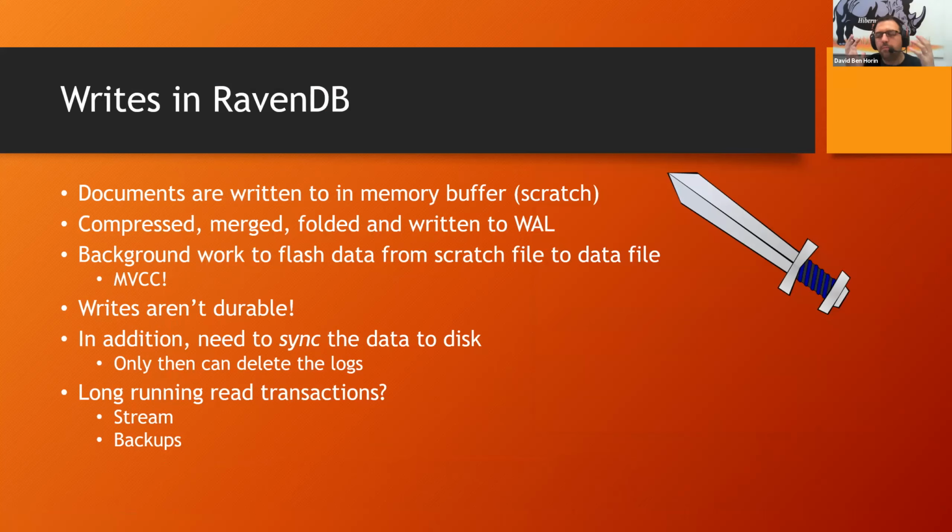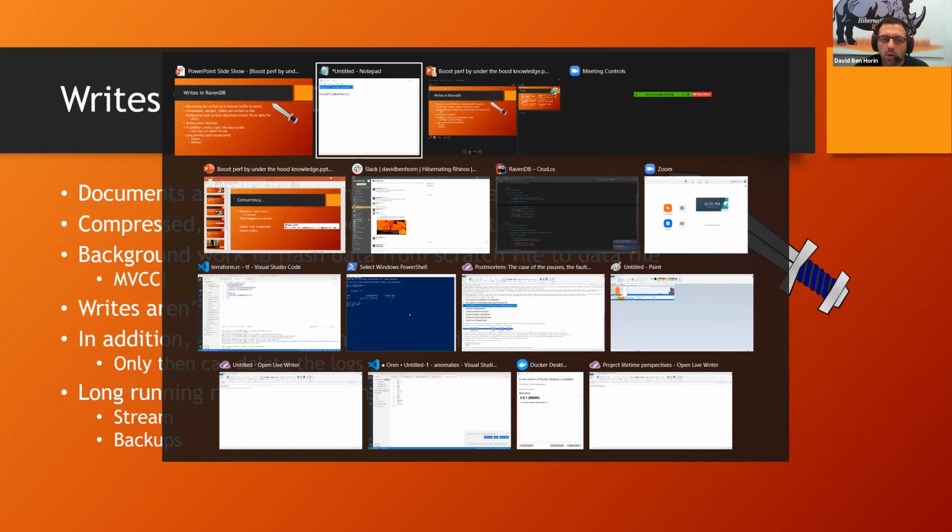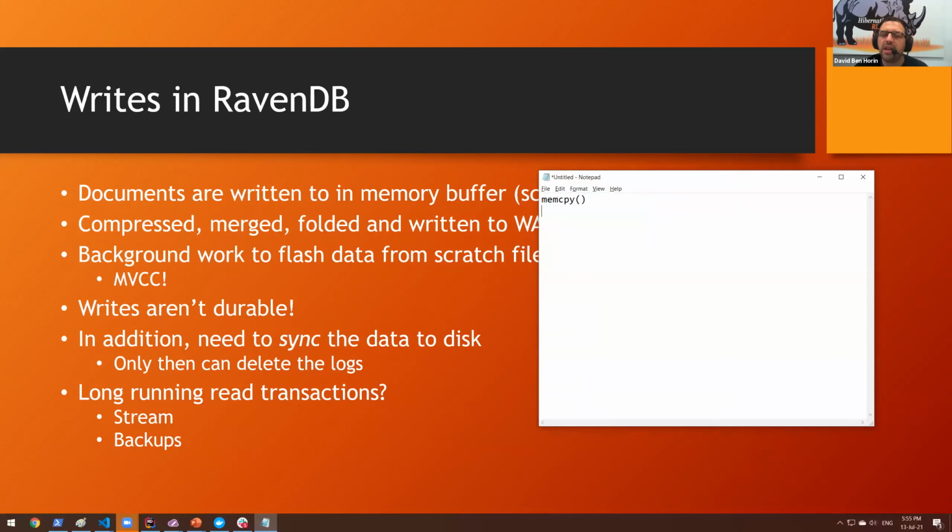Now, there are a bunch of things that we care about here. First of all, flushing from the scratch to the disk is cheap. For the most part, this is basically a memcpy between two memory map locations. It should run at memory speeds.